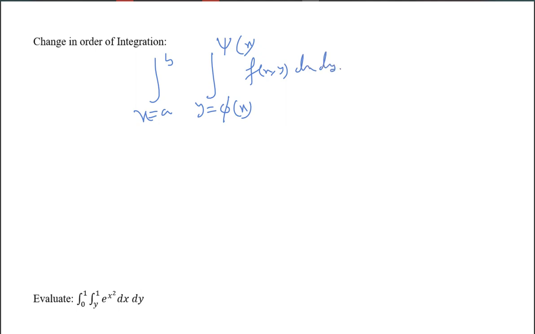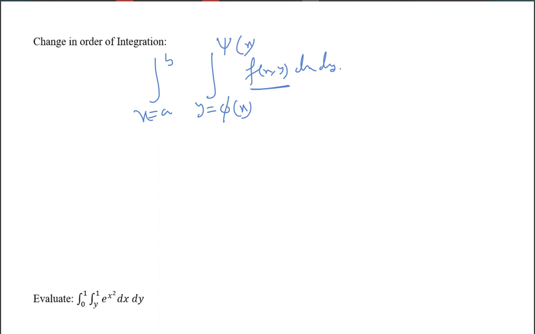If x is given from a to b, which are constants, but y varies from phi x to psi x, then first you need to integrate with respect to y, and then with respect to x.